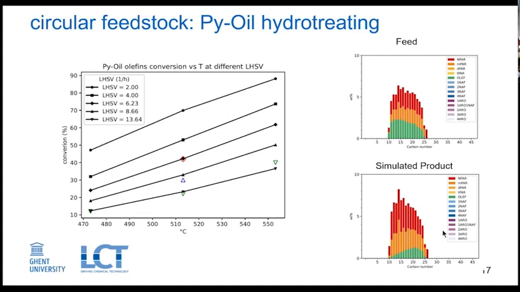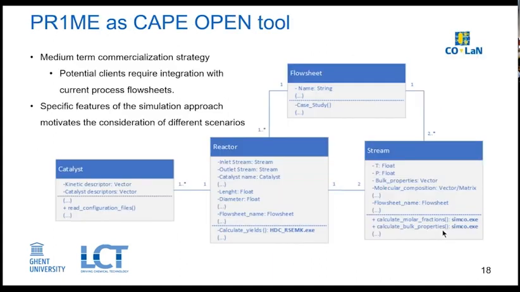Okay, now having said that, how do we foresee the migration of Prime as a Cape Open tool? In principle, it's a medium-term commercialization strategy.